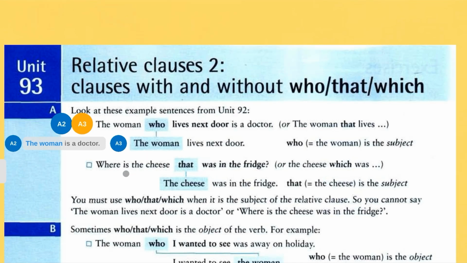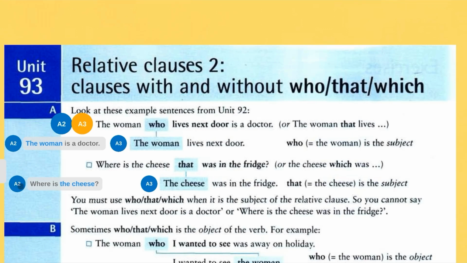Now, next sentence. Where is the cheese that was in the fridge? This question is also a combination of two sentences. The first one is, the cheese was in the fridge. And the other one is, where's the cheese? Both of them are telling you about the subject, cheese.